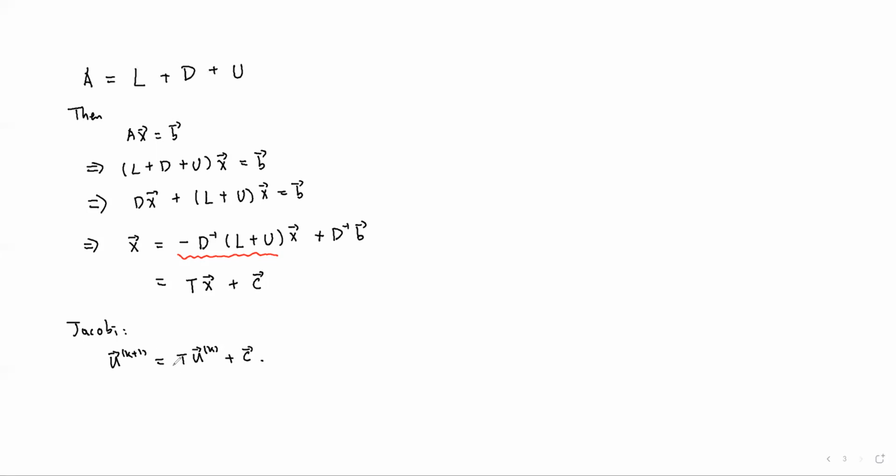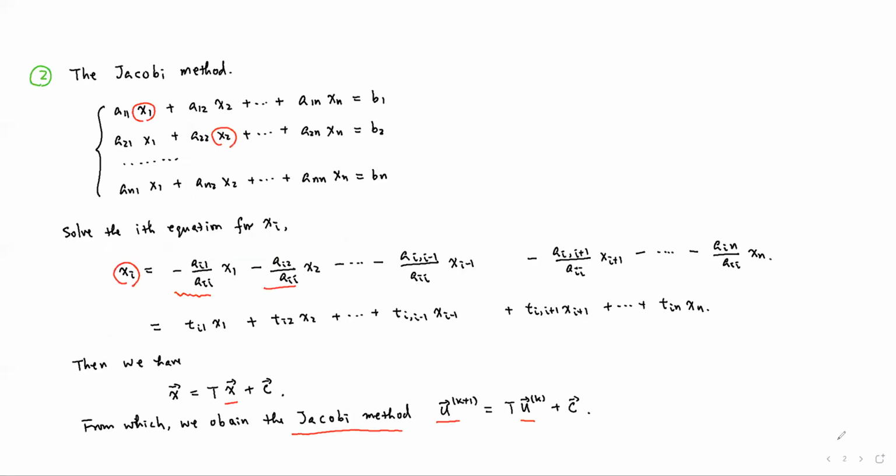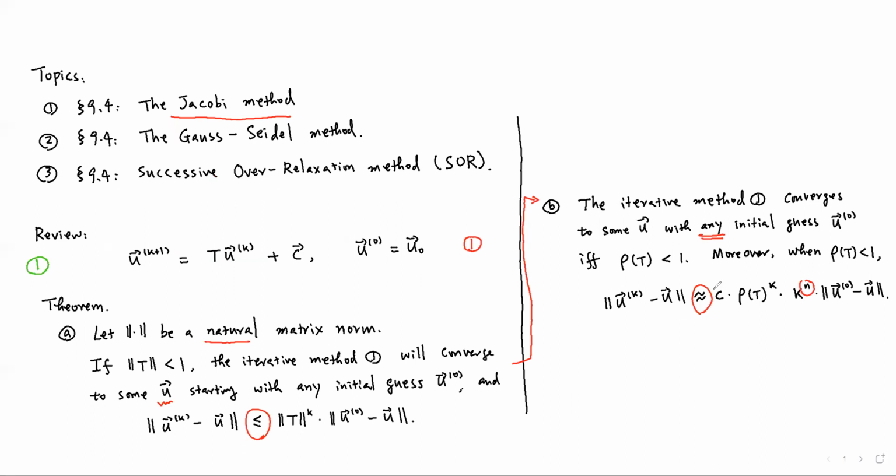Now, a natural question is how to know whether the Jacobi method converges with any initial guess. You can base on this theorem.